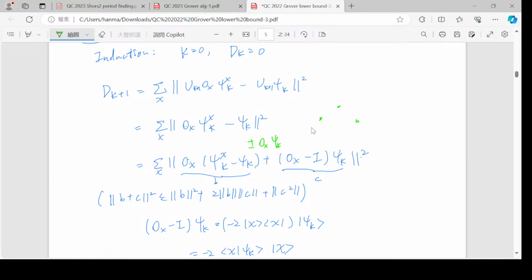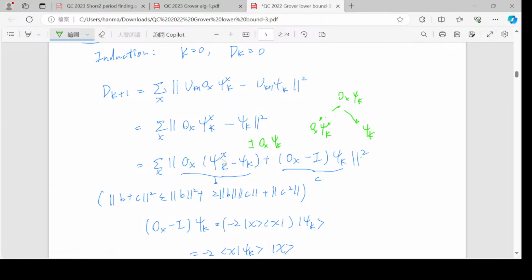So we have OX psi x k here, OX psi k here, and psi k here. And this distance is going to be less than or equal to the distance to OX psi k plus the distance from OX psi k to psi k.